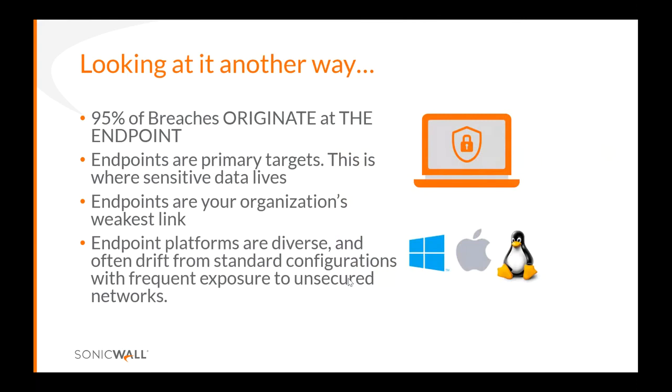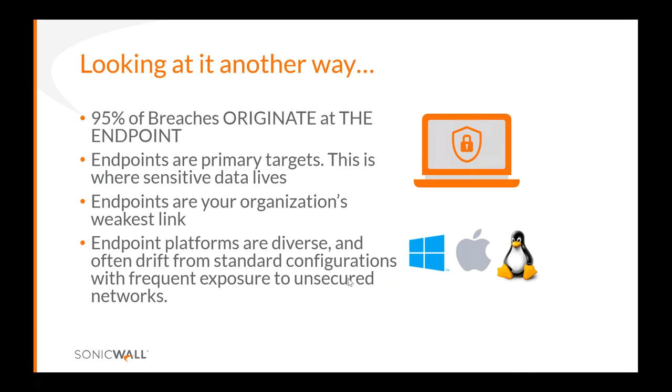Looking at it another way, as I said earlier, 95% of breaches originate at the endpoint level through phishing, email-related attacks, malware propagation, web-related exploits, and device-related things, device control, and DLP. The security breaches are happening at the endpoint level mostly, and through that they propagate to other endpoints.